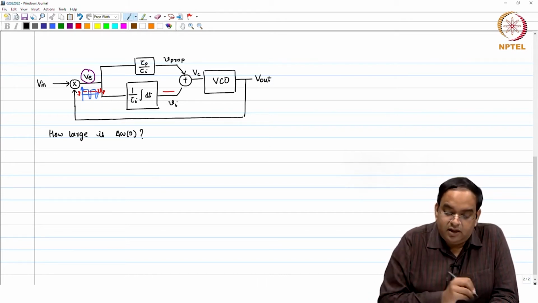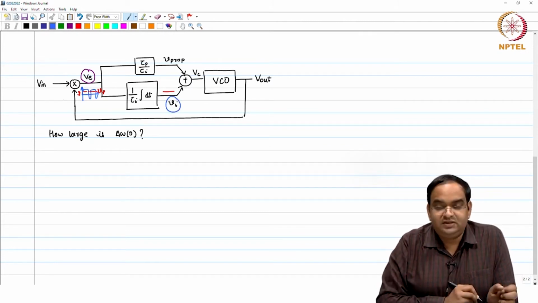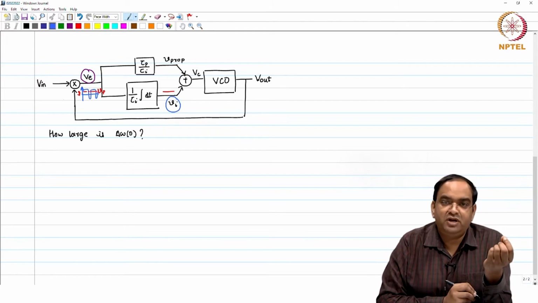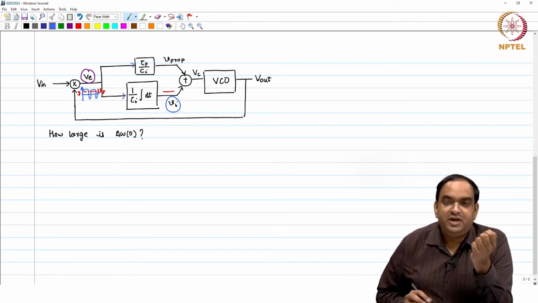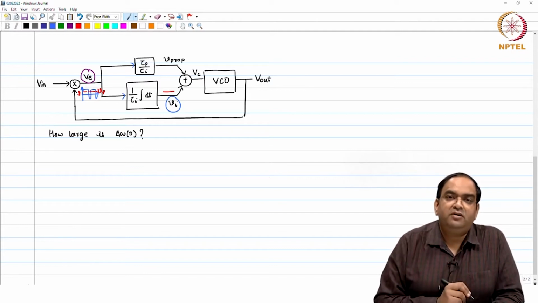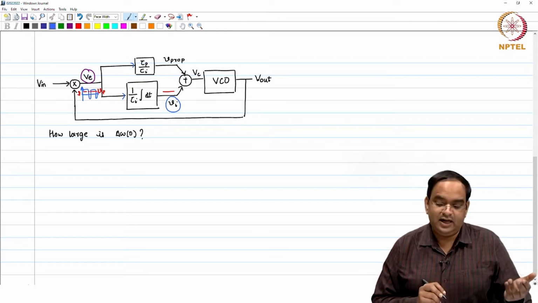The way this particular PLL works is, it can generate any voltage Vi, because it is just like an integrator. Even if you give a very small input to an integrator, over a given period of time, it is going to generate whatever voltage you need. You give more time to an integrator, it will integrate a larger value.